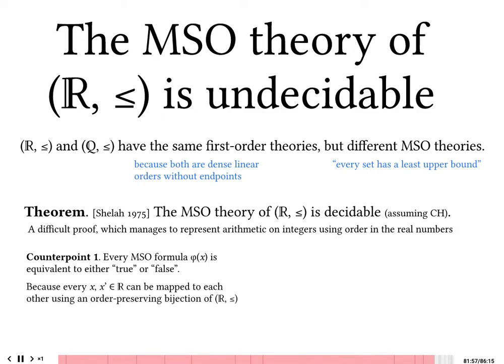And the reason is very simple, because suppose you have a formula of MSO which is true for x equals 5. Then I claim it's going to be true for every other x. Why? Because you can map the number 5 to any other real number using an order-preserving bijection of the real numbers. Order-preserving bijections, also known as automorphisms of the structure, preserve the truth value of a formula.